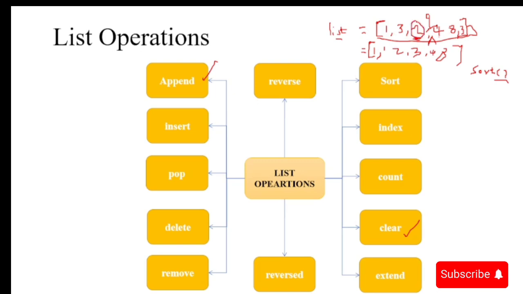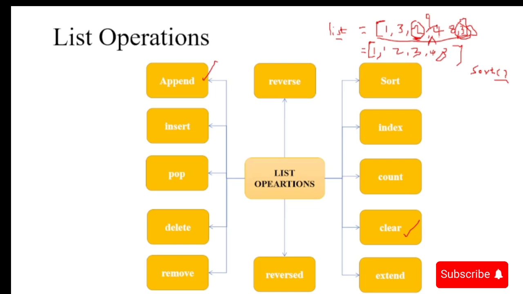But if I don't specify the index for the pop list operation, I will simply get rid of the last element from my list. That is, if I don't specify the index. So by default, the pop method removes the last element from the list.